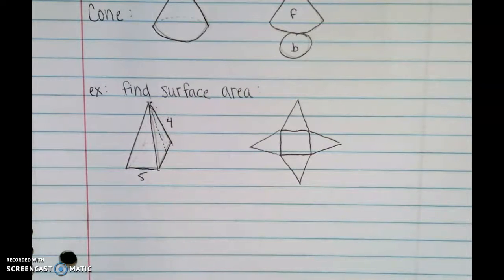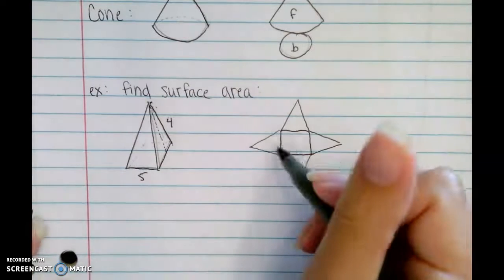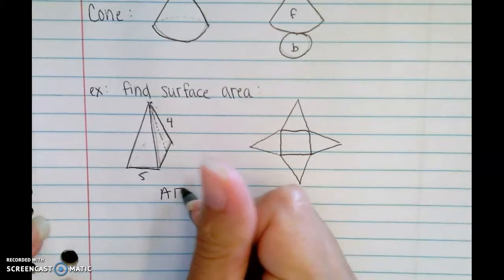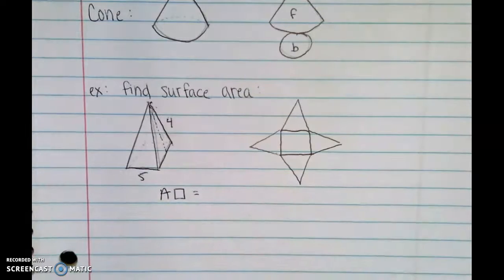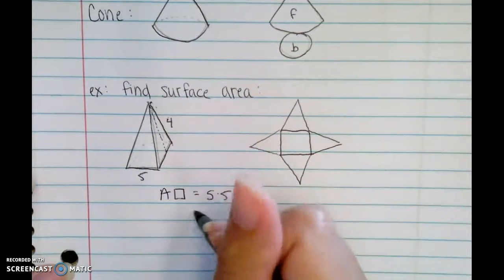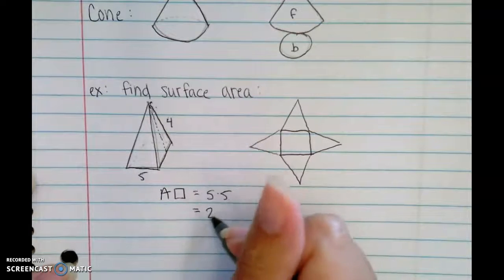So in order to find surface area, you have to find the area of all 5 bases or faces. So let's find the area of the square base. So the area of a square is length times width or base times height or side squared, doesn't matter. So we're looking at doing 5 times 5. So the area of the square base is 25.